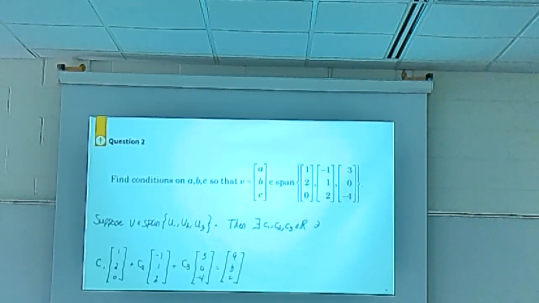By the way, C wouldn't necessarily have to be even, because you forgot that those are any real numbers. I could just say C2 is a half, C3 is 0, and I have 1. But there are conditions that are going to be satisfied. Got the augmented column A, B, and C.